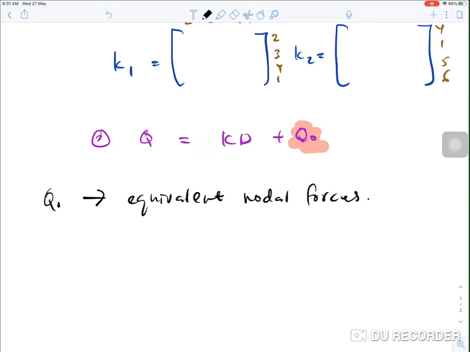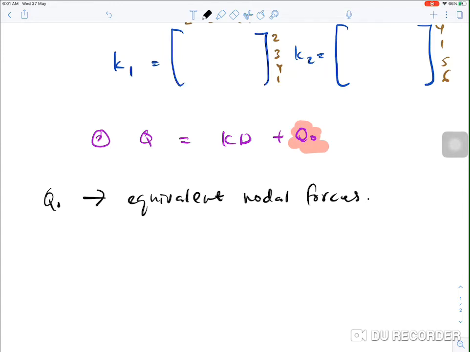Nodal forces are loads subjected directly at nodes. However, Q naught is about a member with loading. It can be a UDL, a point load, or a triangular load, but all these loads are subjected on the member.